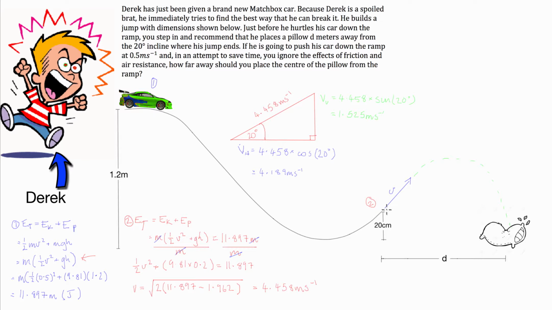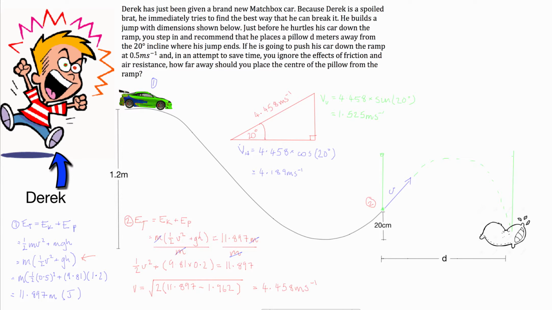So what we're going to do is work out the time that goes from the launch ramp to the top of the arc, or top of the parabola, and that's going to be one time, and then we're going to work out the time it takes to go from the top all the way down to the bottom.